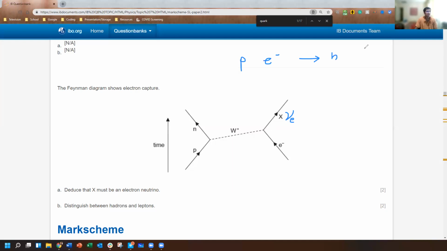Baryon number-wise, for B, proton is 1, electron is 0, neutron is 1. So X also has to be 0 to conserve baryon number. Lepton number, I don't know if that's called L, but I'm just going to go with that. The proton is 0, the electron has to be 1, because all leptons have a lepton number of 1, the neutron is 0, and X also has to be a 1.